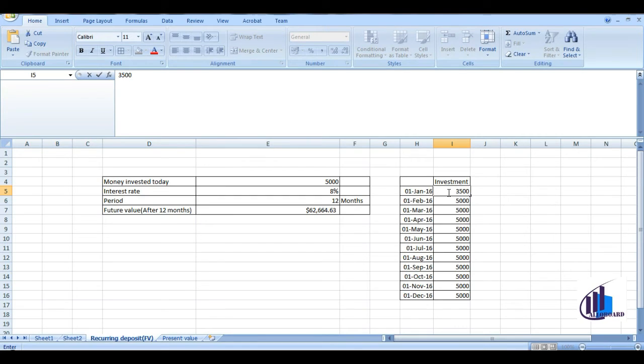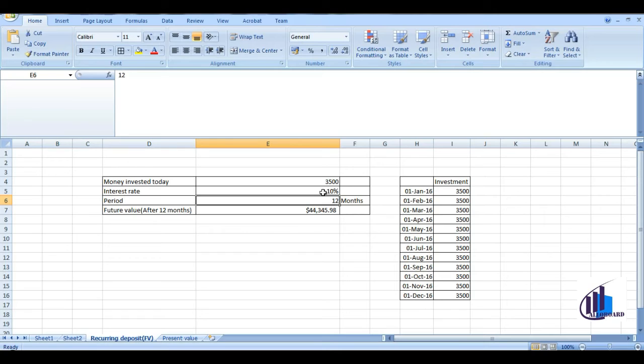Then at the end of the year, he'll be getting $43,865. Let's say the bank is more generous and offers 10 percent. As the bank is offering more interest rate, the future value which the customer will get will also increase. So the future value depends on the investment which you make and the interest rate which the bank gives.